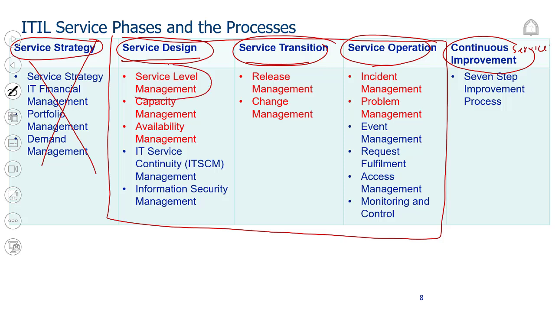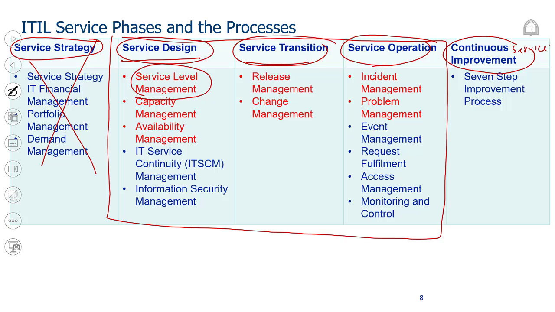So for example, service level management. Service level management is where we agree with our customers. Remember, IT as a department is providing services to the business. So our clients are the business customers. Also, some of the IT staff are our clients, okay?